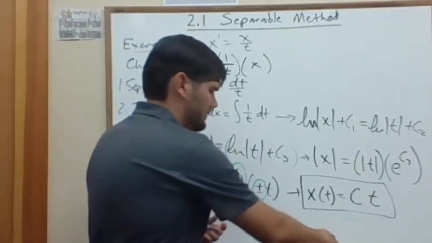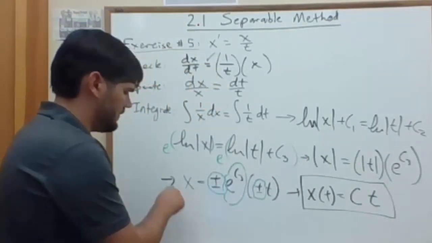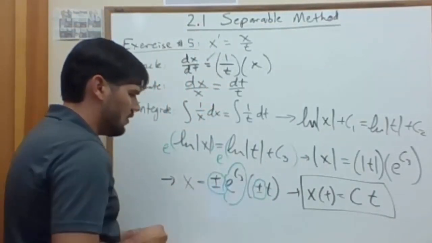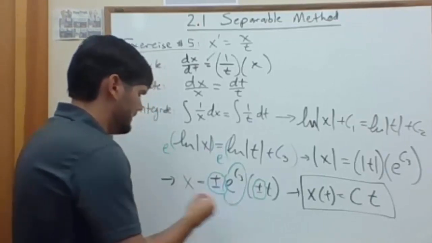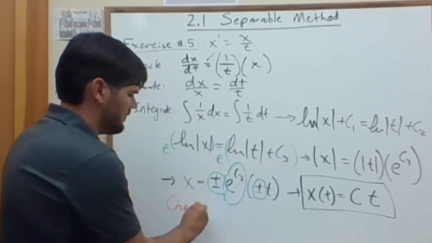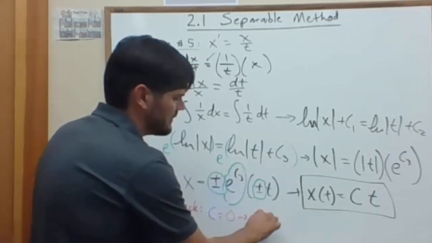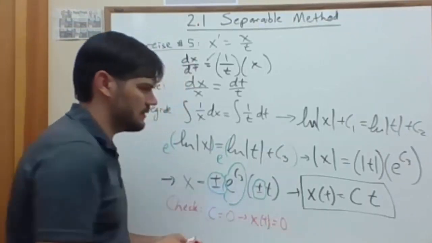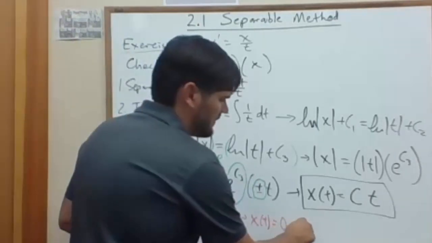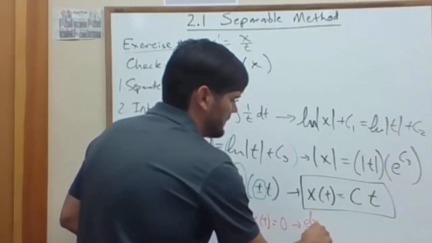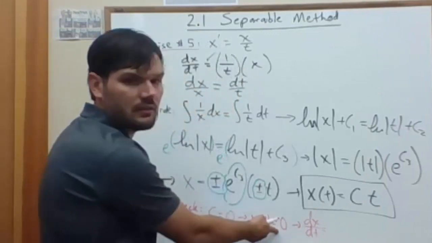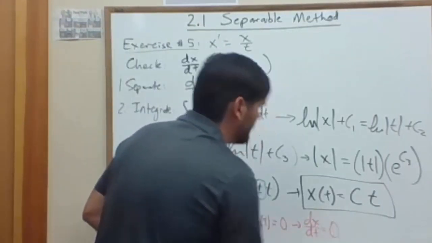If we let c equal 0, that means that x of t equals 0. And that means that dx dt, well, it's 0, take the derivative, is 0.